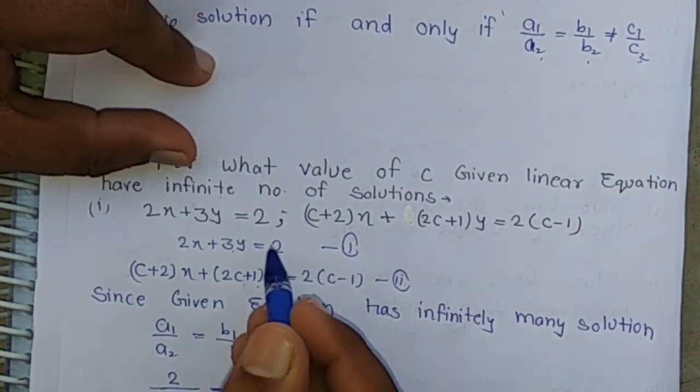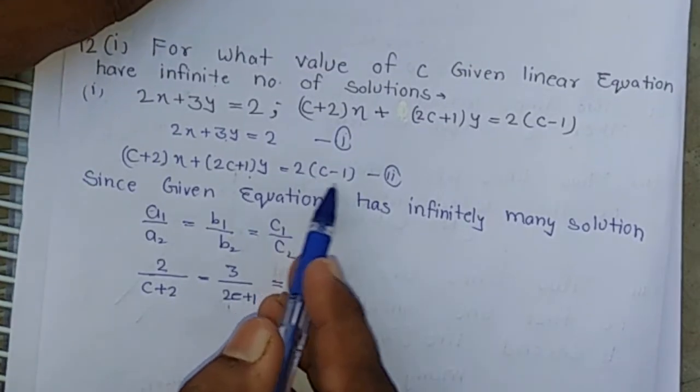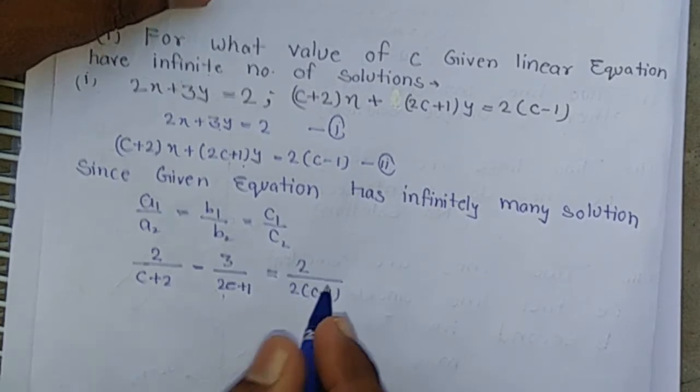Similarly, c1 is the constant term 2, c2 is the constant term in the second equation, c minus 1.